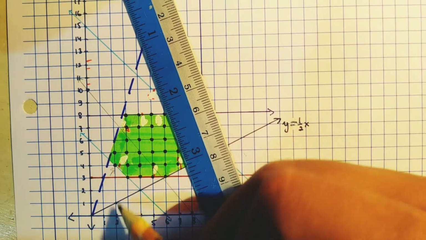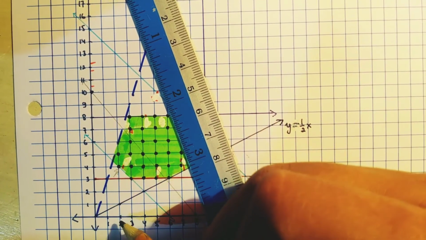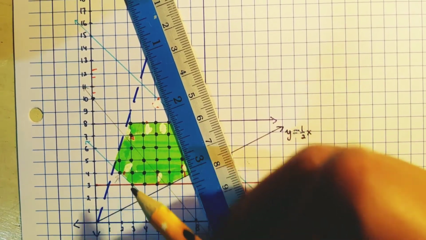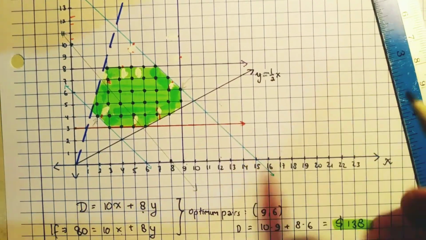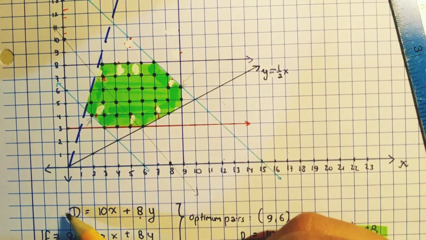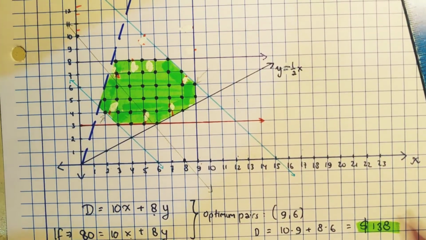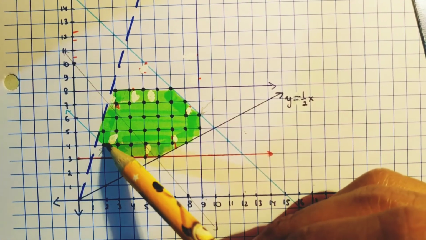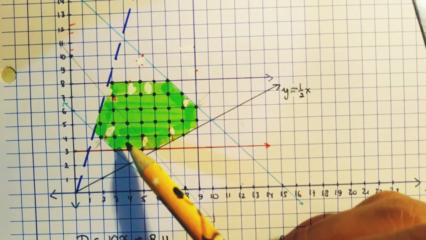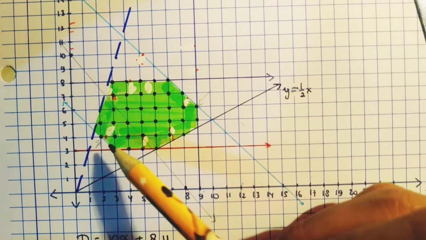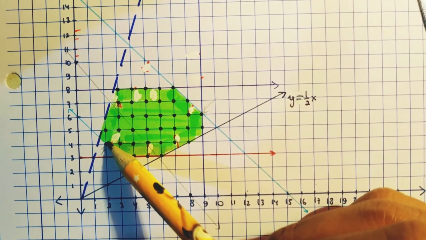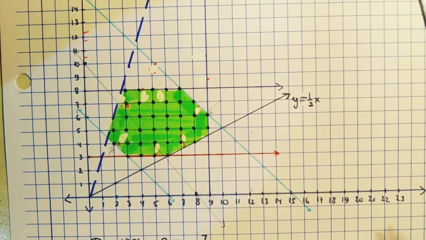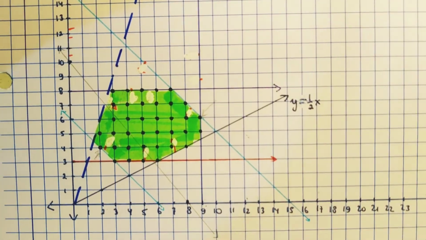This one, 2,4. So 2 old members and 4 new members is the pair that will give you the least possible dollars that you can earn. I can be certain it's not this one, it's not this one, I can be certain it's this one. You can compare with 3,3, but I can be certain that 2,4 is the pair that will give you the least possible dollars.